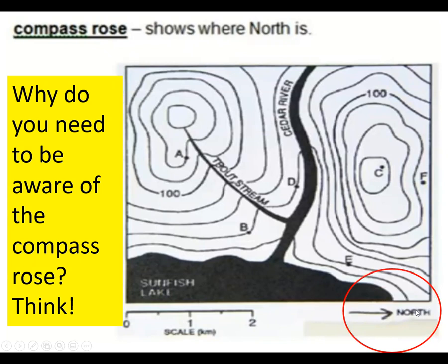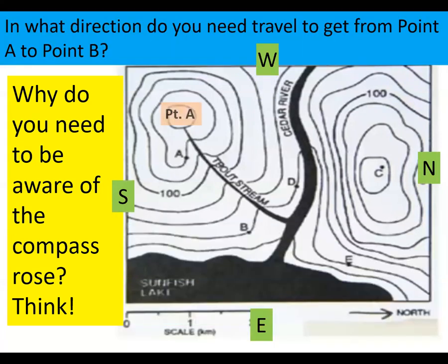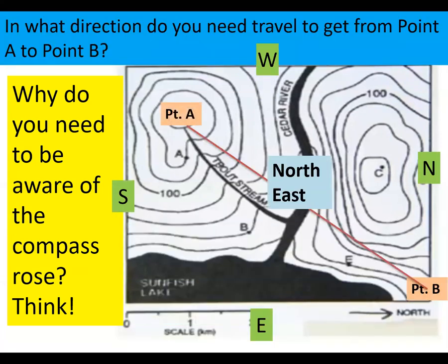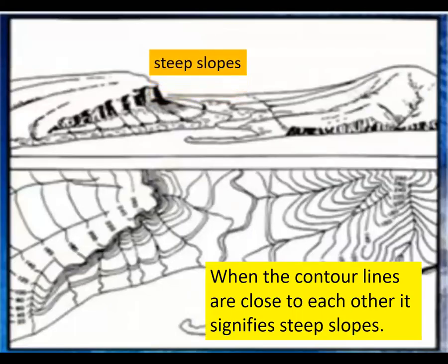That's a compass rose for that one. But of course, this one is not really a compass rose. It's named a compass rose for a reason, but this would suffice because once you know the north, then you know all the other cardinal directions. Okay, let's continue. Why do you need to be aware of the compass rose? Again, so that you'll not get lost.